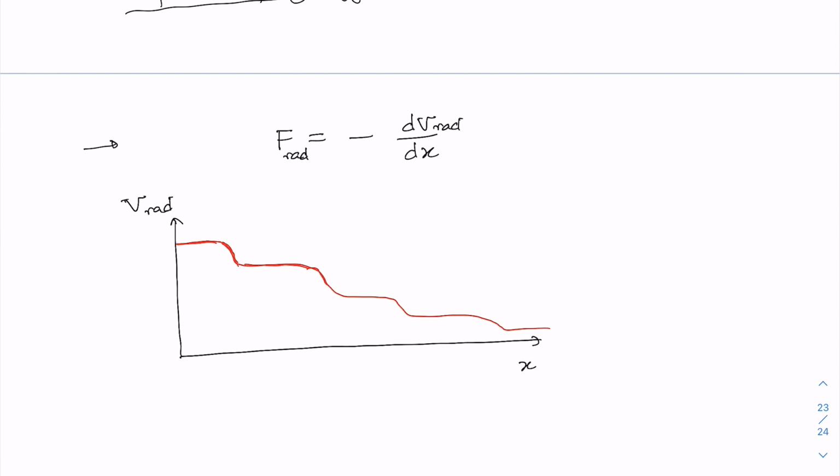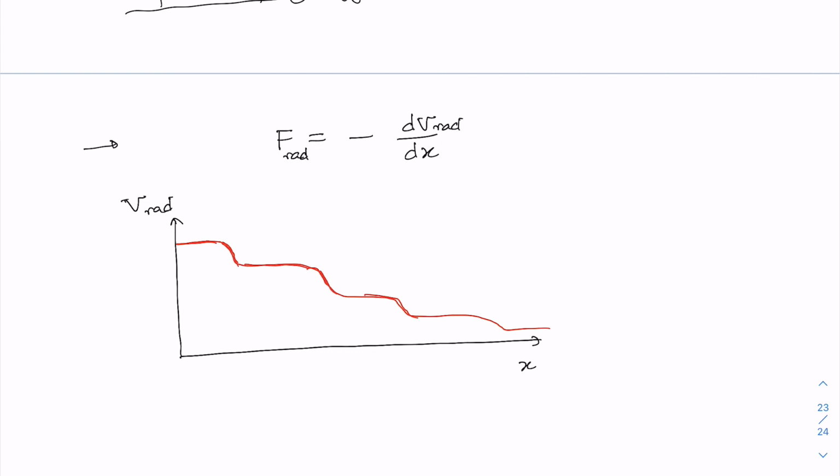Whenever we have a resonance, we are going to have a step here. These steps are actually rounded, as the peaks are not infinitely sharp. This is only the radiation induced potential.